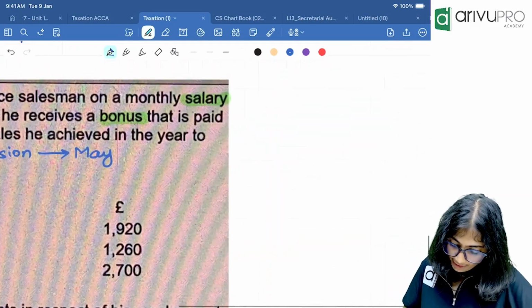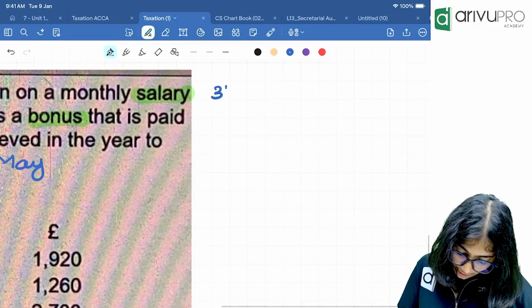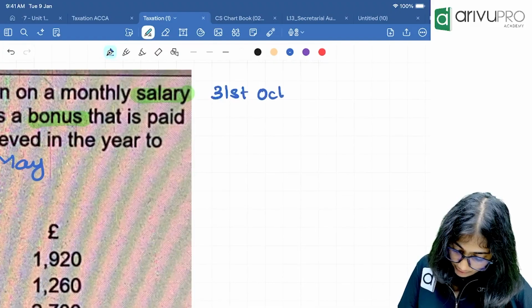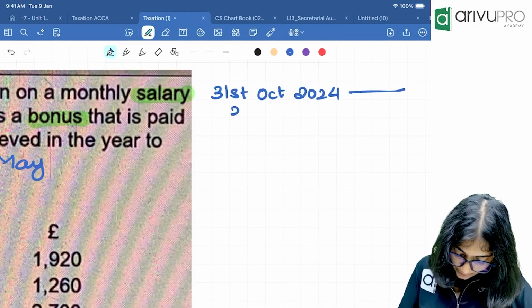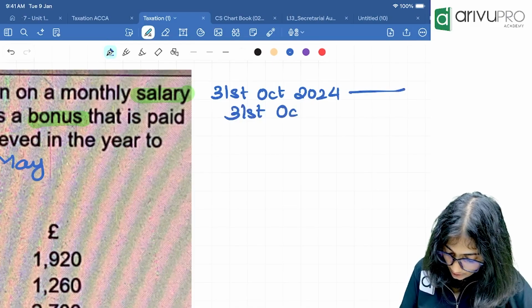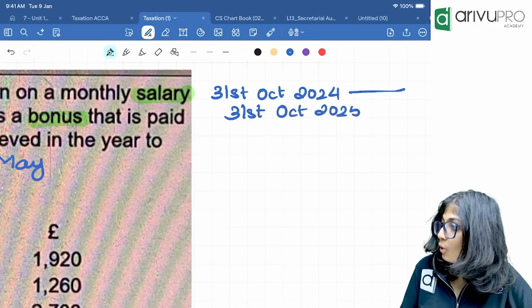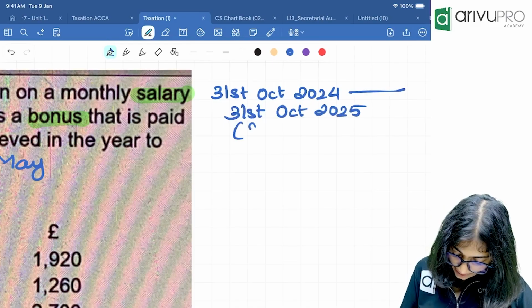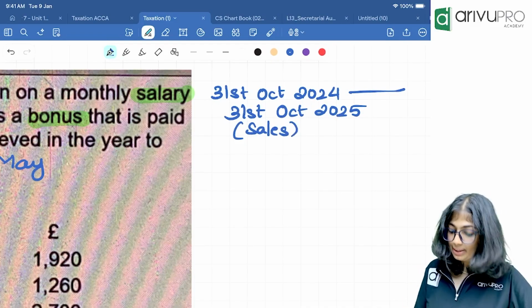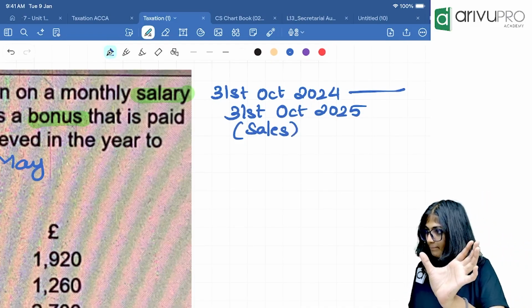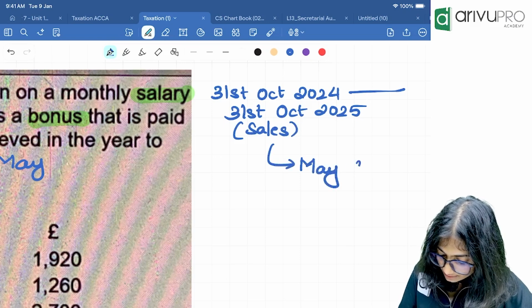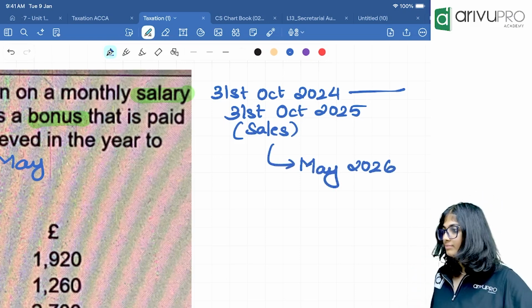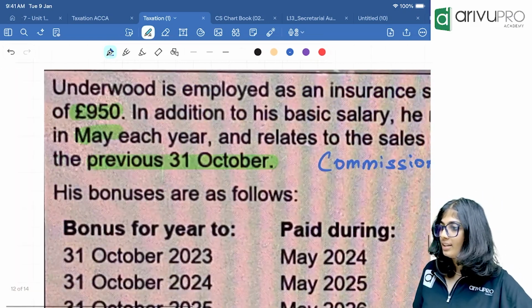If I just have to write it here, 31st October 2024 to 31st October 2025, whatever sales I have made in this time, I am getting paid May 2026. That is what they're saying.